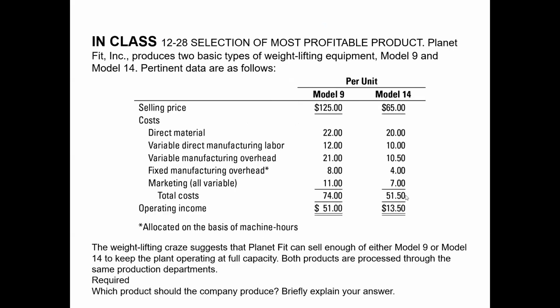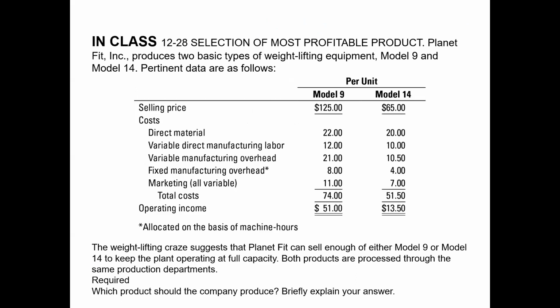So here we have a situation. A company produces 2 types of weightlifting equipment, Model 9 and Model 14. Pertinent data is given, as you can see there. The weightlifting craze suggests that Planet Fit can sell enough of either Model 9 or Model 14 to keep the plant operating at full capacity.